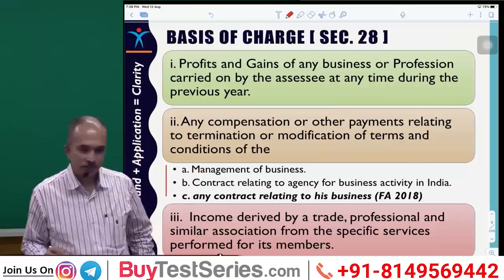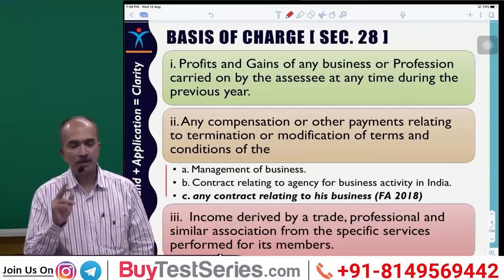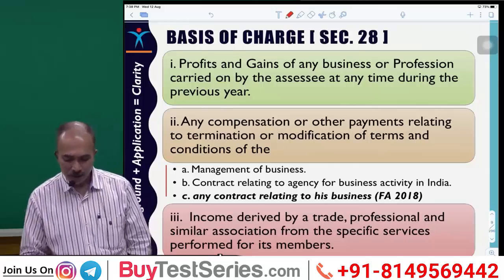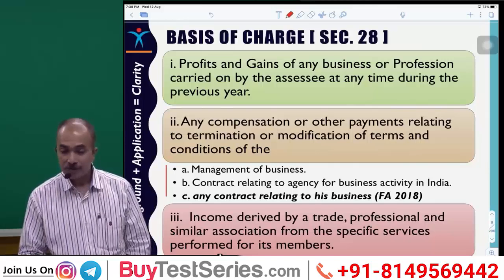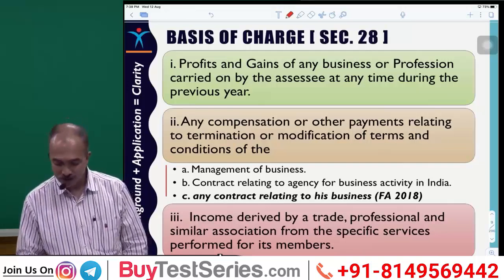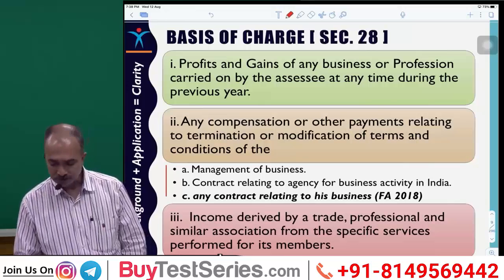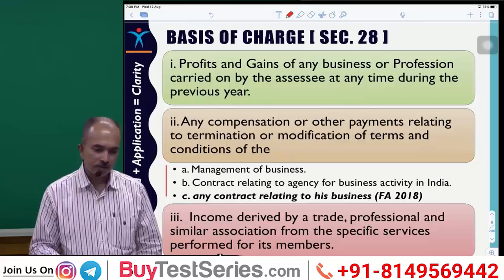28 Roman 3. We have referred to this when we talked of the principle of mutuality. Any income derived by a trade, professional and similar association from specific services performed for its members.